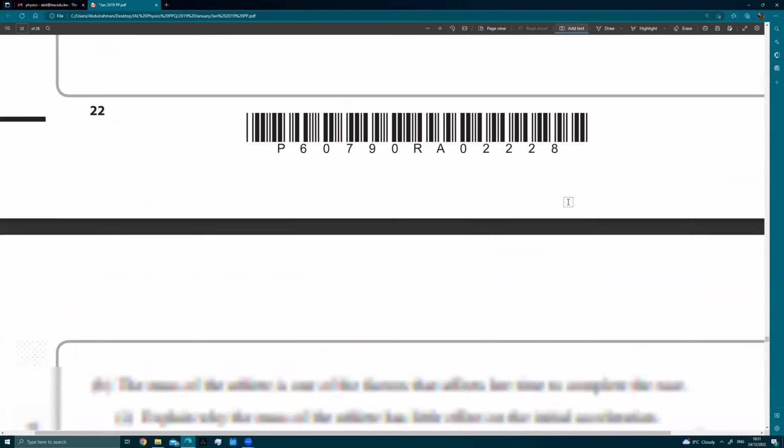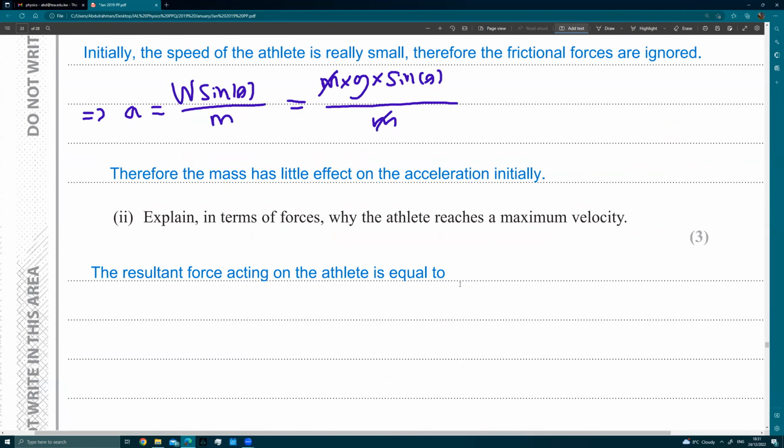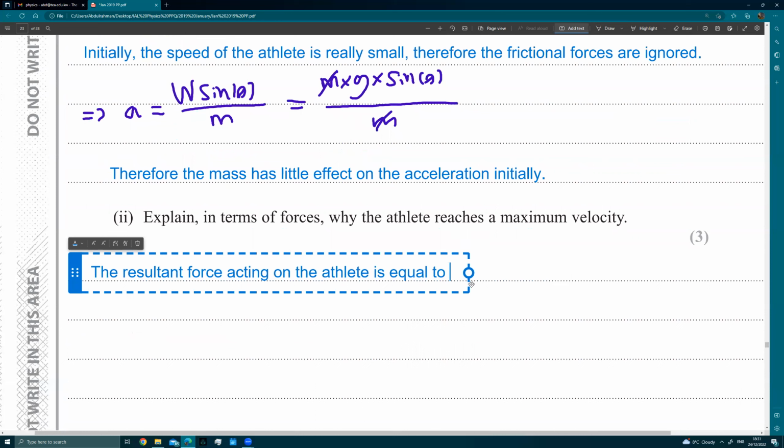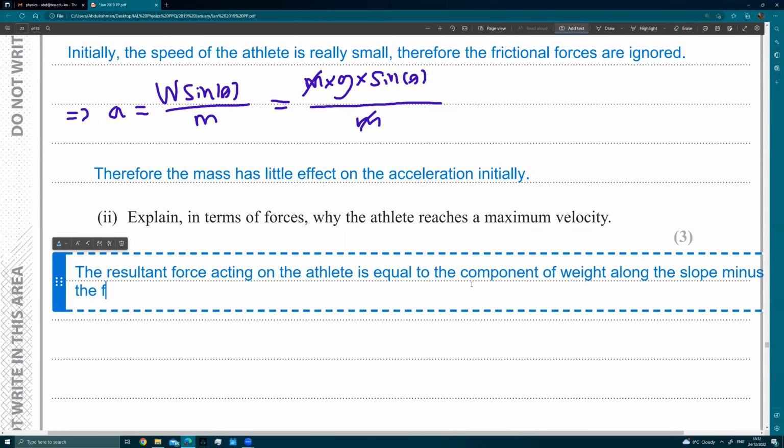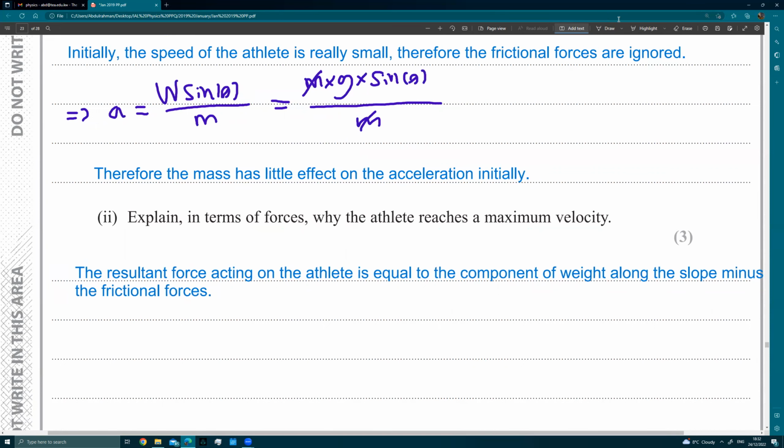So let's write that down. The resultant force acting on the athlete is equal to the component of weight along the slope, which was W sine theta as written above, minus the frictional forces.